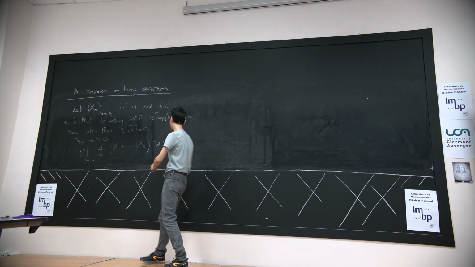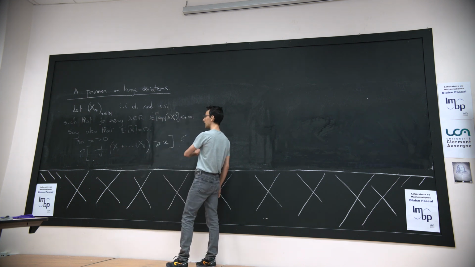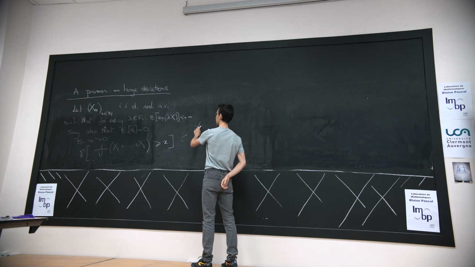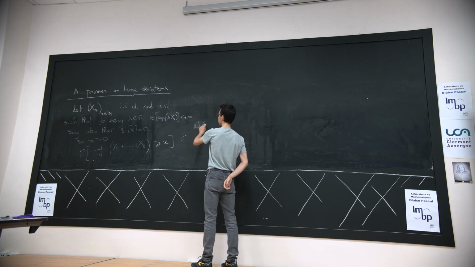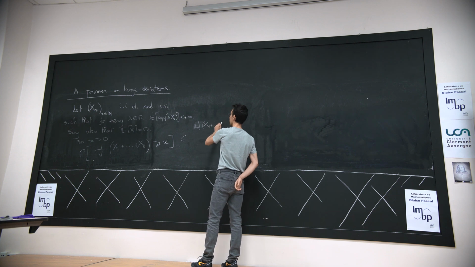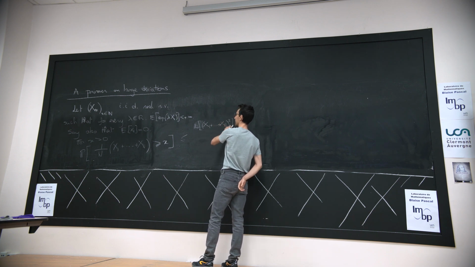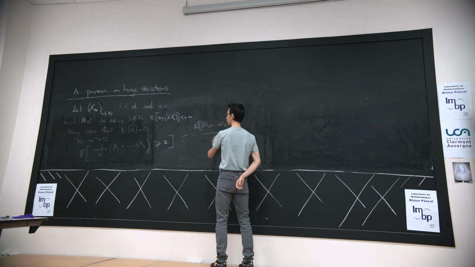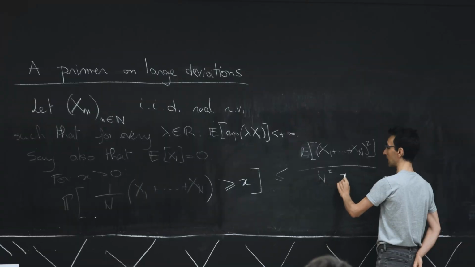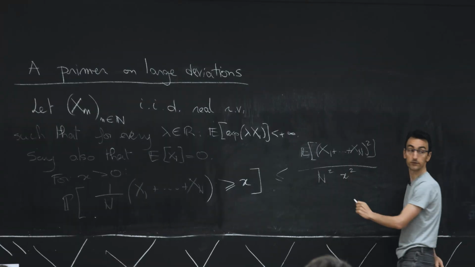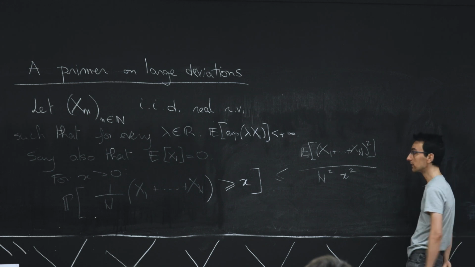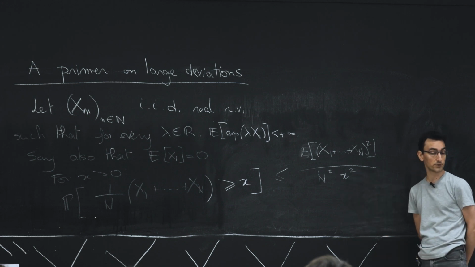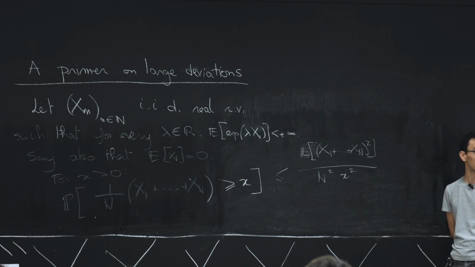You could write that this is smaller than the second moment of the sum divided by n squared x squared. And this looks like n times the second moment because they are centered. And so you get an estimate which is of order 1 over n as n becomes large.